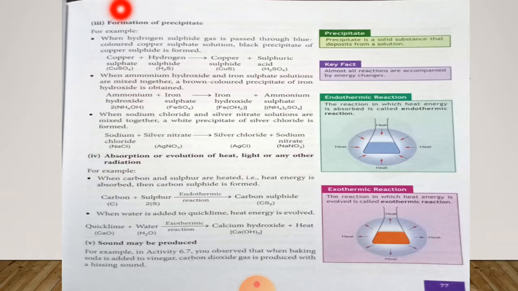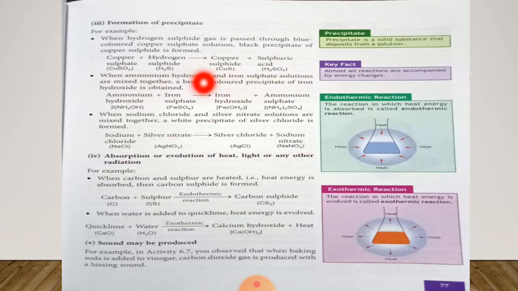Formation of precipitate. For example, when hydrogen sulfide gas is passed through blue colored copper sulfate solution, black precipitate of copper sulfide is formed. Here you can see copper sulfate. When copper sulfate reacts with hydrogen sulfide gas, it forms copper sulfide and sulfuric acid.